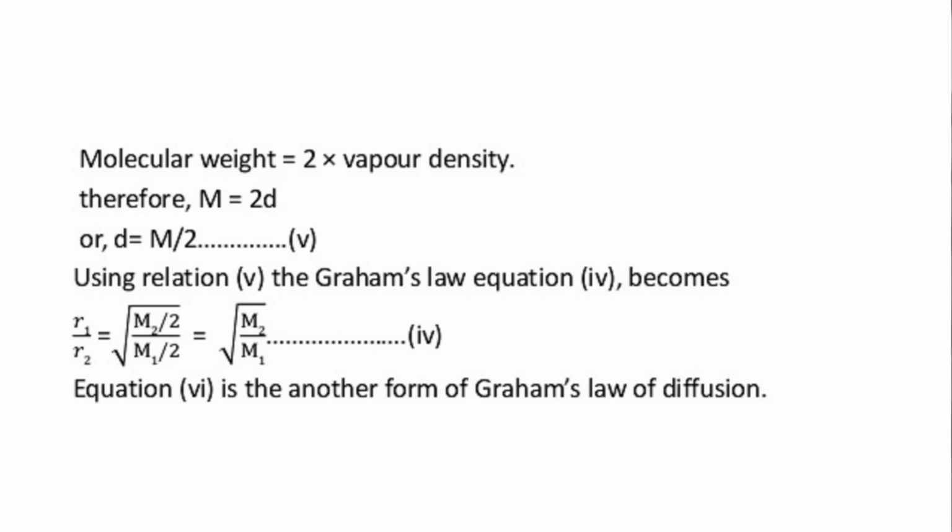Using relation 5, Graham's law equation 4 becomes R1 over R2 is equal to the square root of M2 over 2 divided by M1 over 2, or simply the square root of M2 over M1. Equation 6 is another form of Graham's law of diffusion.